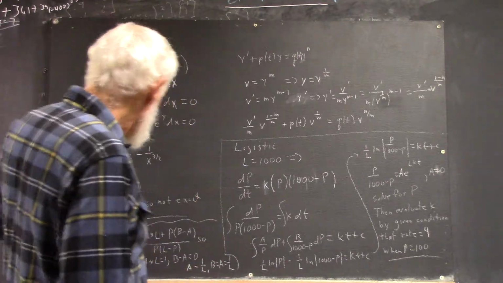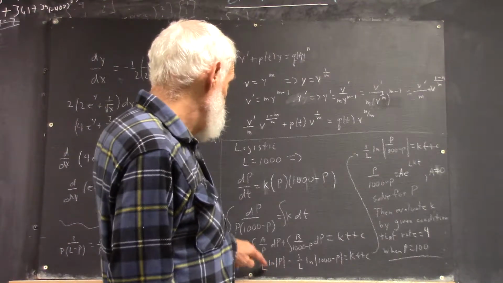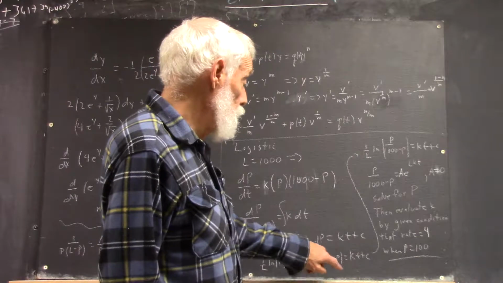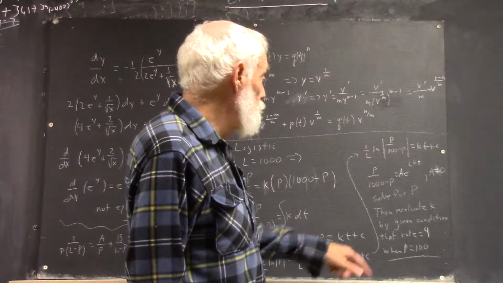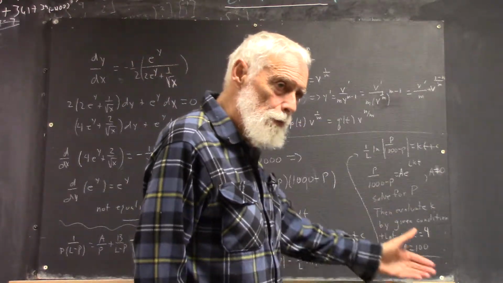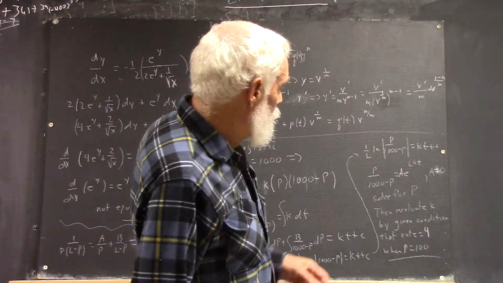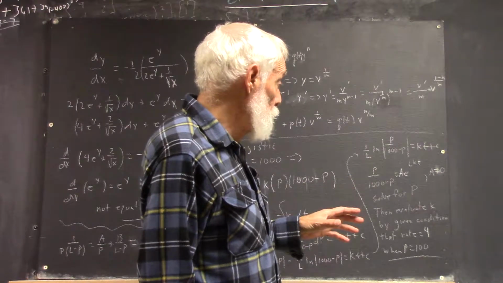Integrating this using partial fractions, we end up with 1 over L natural log of P minus 1 over L natural log of 1,000 minus P, absolute values of those quantities, equals kt plus C. And by what should be a familiar process, if you've done it several times, we've certainly done it in class several times, and people seem to be okay with it.